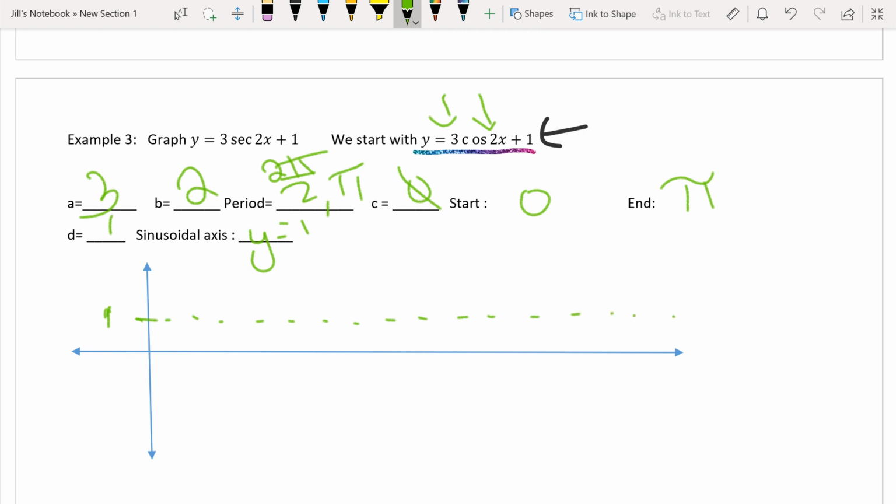Okay, we have to complete a cosine wave in pi units. So the midpoint would be pi over 2. The midpoint here would be pi over 4.